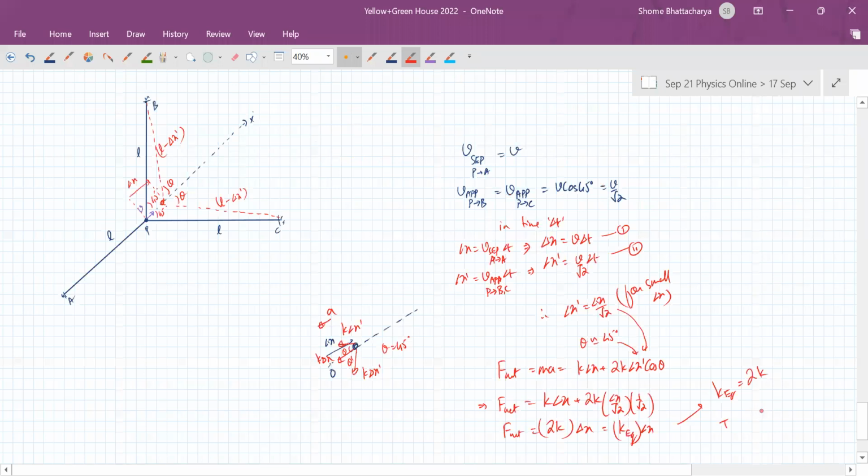So the time period... but this is all for small displacement.